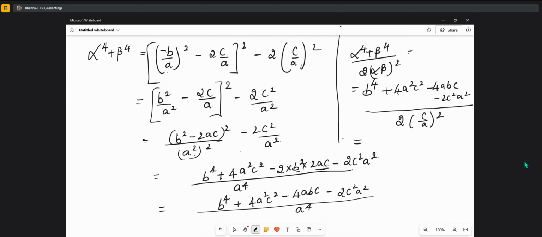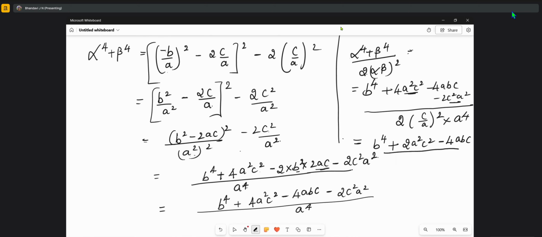So what you will get here? And divided by a to the power of 4 is also there, so this will come to the denominator. We will get b to the power of 4 plus 2a square c square. Why 2a square c square? See here, same variable, same power. You can do subtraction and addition. So 4 minus 2 is 2, 2a square c square minus 4abc.